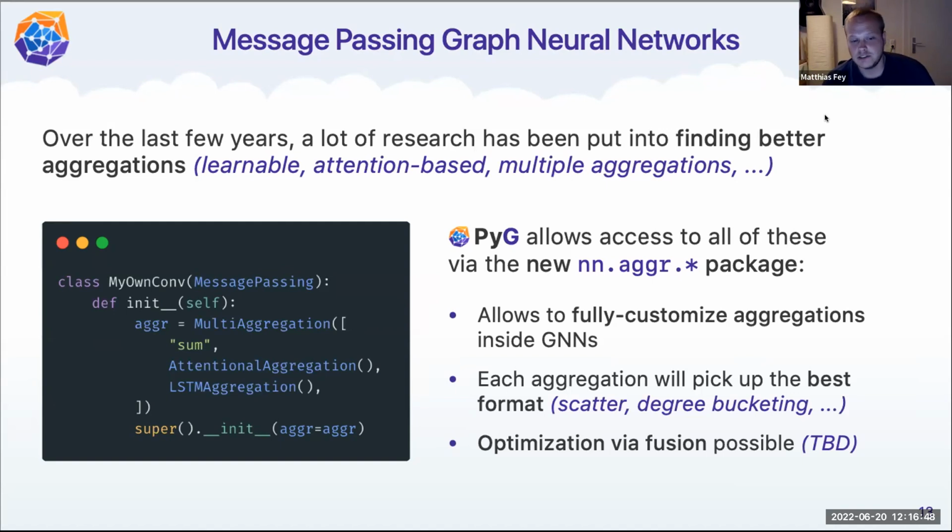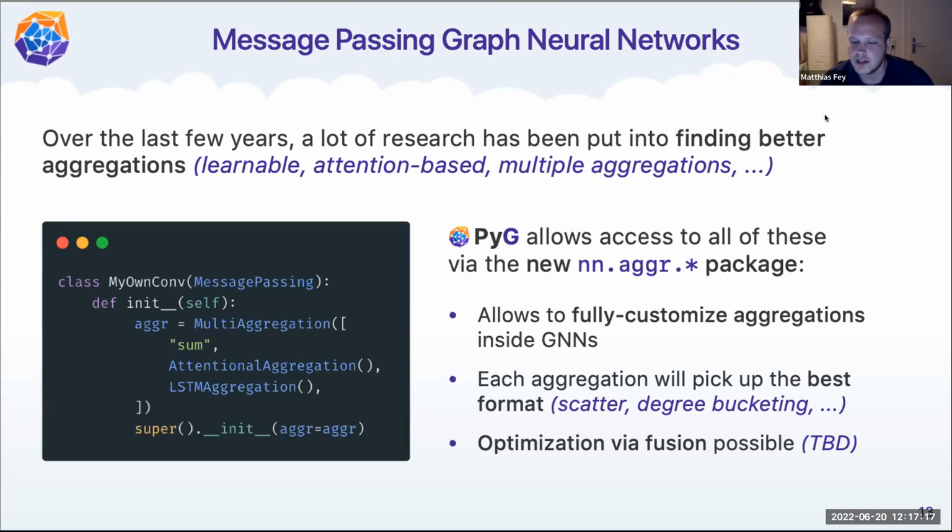You can combine sum aggregation with attentional aggregation or even LSTM aggregation. Importantly, each aggregation will pick up the best format that is needed to compute its representation. And so for sum and attentional aggregation, we can still make use of this fast and flexible scatter operation or sparse matrix multiplication, while for others, such as LSTM aggregation, we default back to this degree bucketing approach.